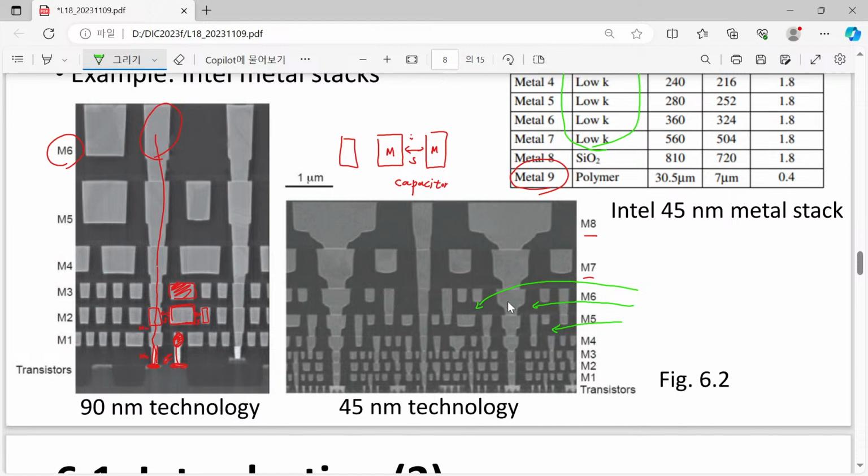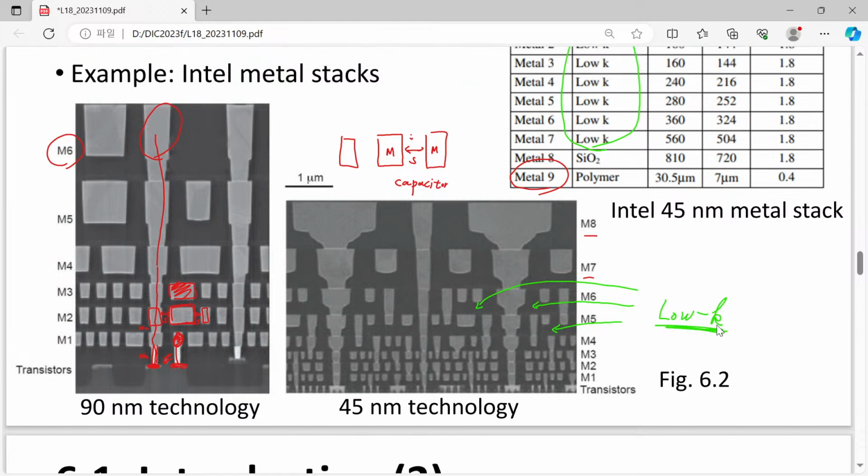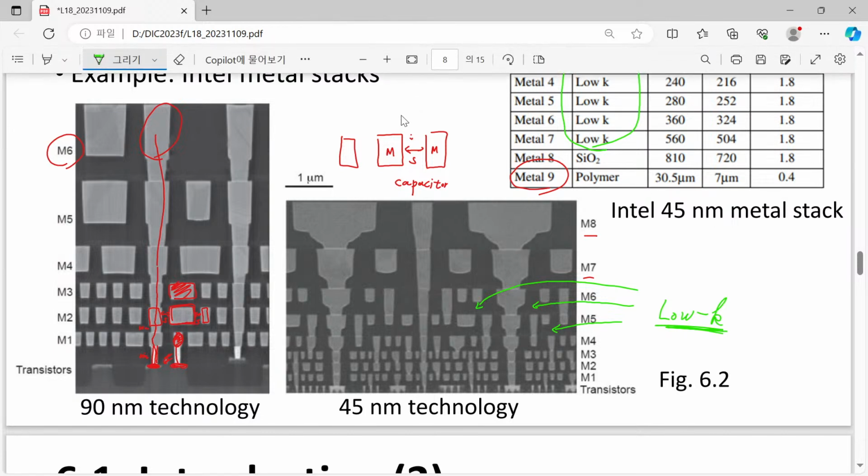Relatively bright ones correspond to your metal, and in between there is a dark region. So this is a material having relatively low permittivity. Why have we introduced low K material here? It is because we wanted to reduce the capacitance.